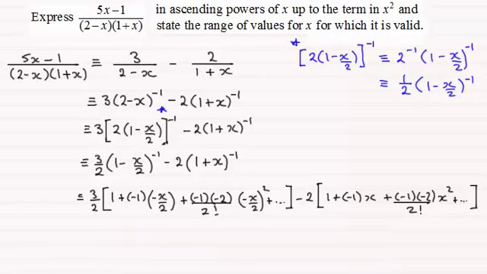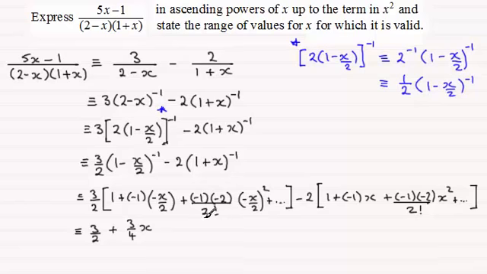So we just need to expand this out and then group up the terms. So this is going to be identical to 3 over 2 times 1, that's 3 over 2. And then for this one here, this is going to be plus x over 2, times it with the 3 over 2 is going to be 3/4 x.